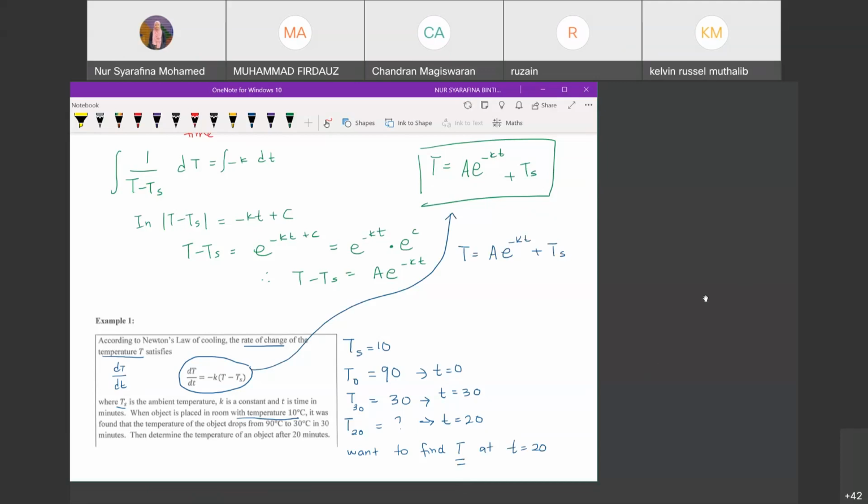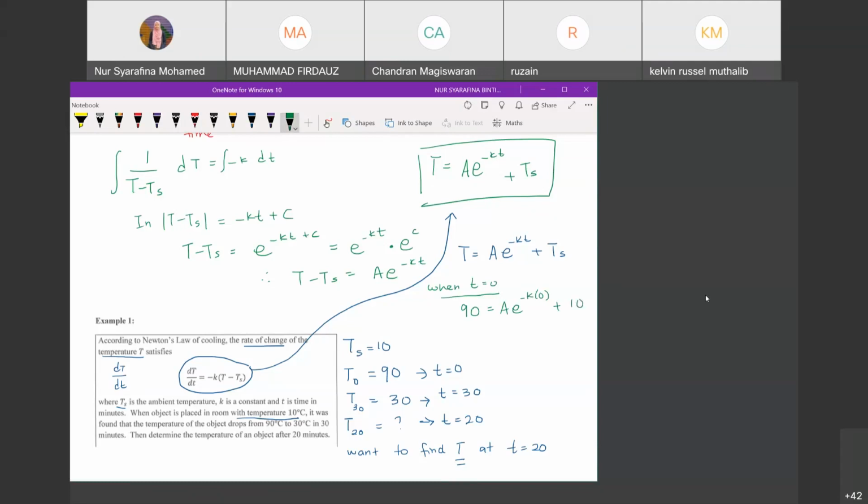Now, when t equals 0, T is 90, and Ts is 10.